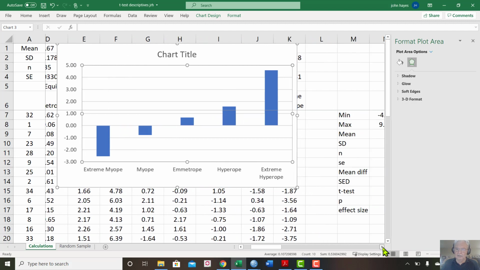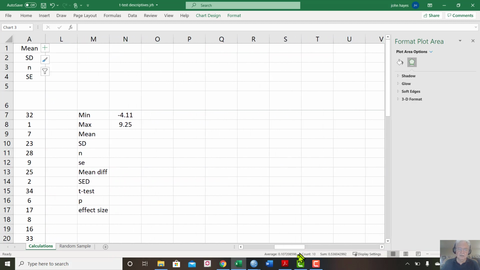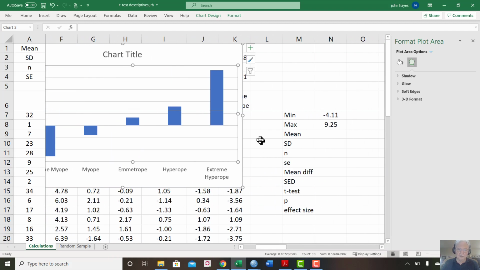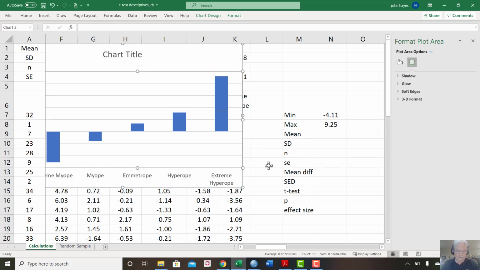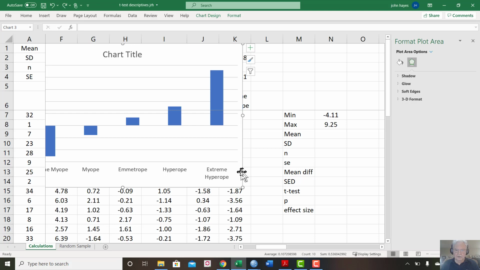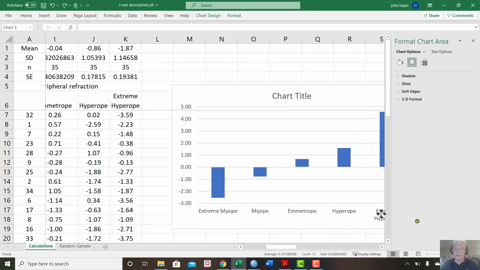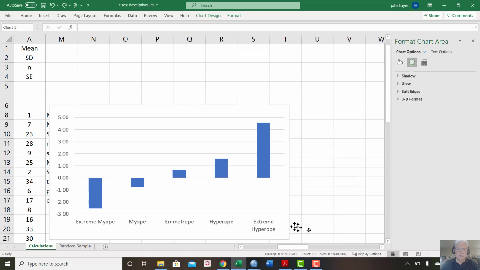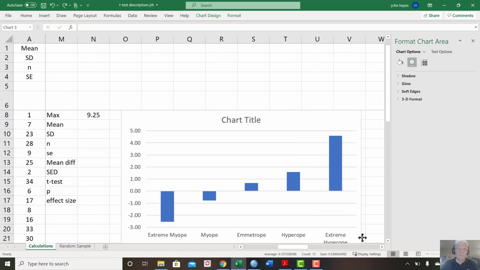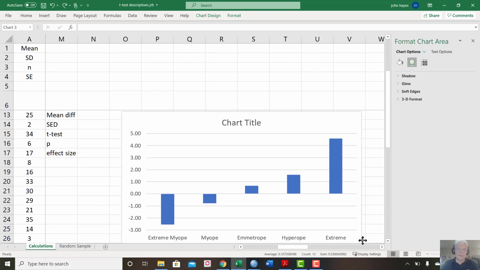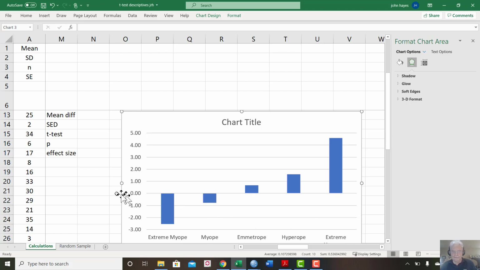And oops. Let's move this. Grab the edge here. Move this over here. I'm going to bring it down below the freeze pane line. Okay, now these are diopters. Actually, we'll get rid of the chart title.